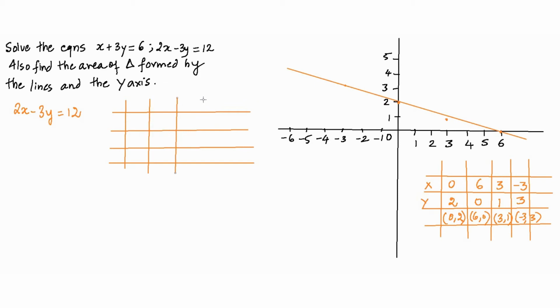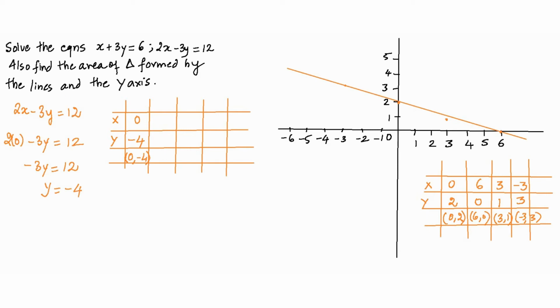Again, I would like to think whether x equal to 0 and y equal to 0 will help me. So if x is 0, 2 times 0 minus 3y is equal to 12, which means minus 3y is 12, which means y is equal to minus 4. So the first point is 0, minus 4.